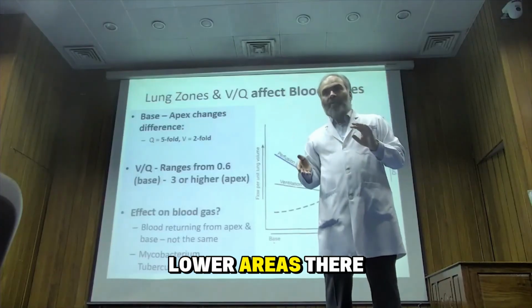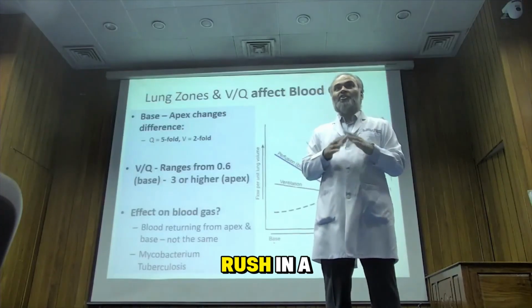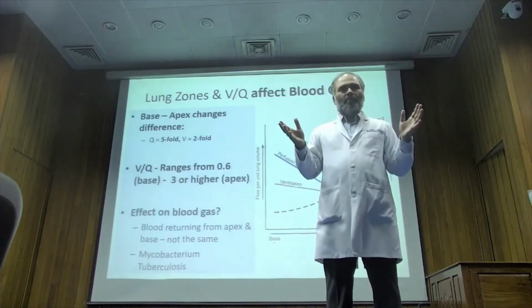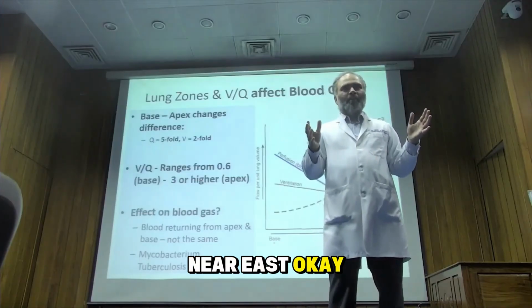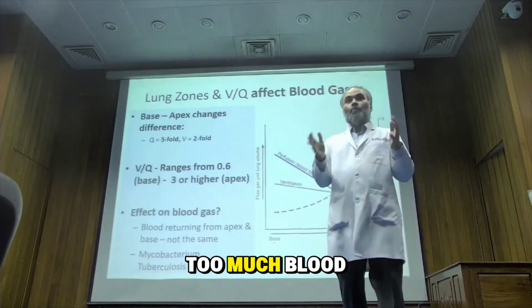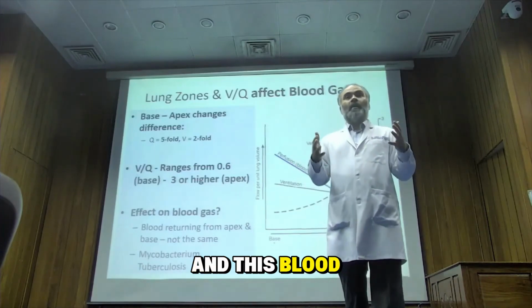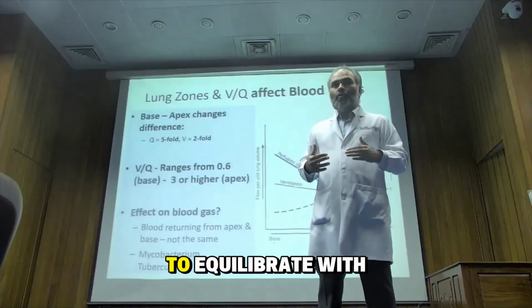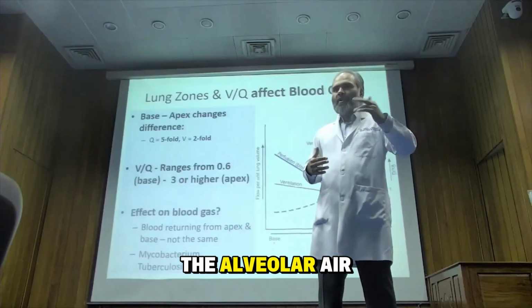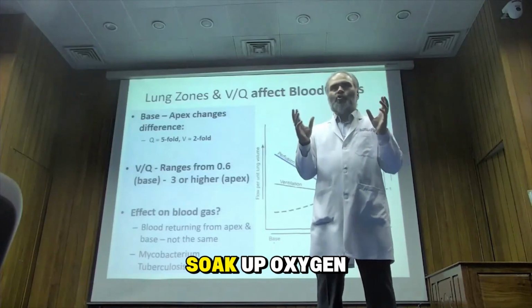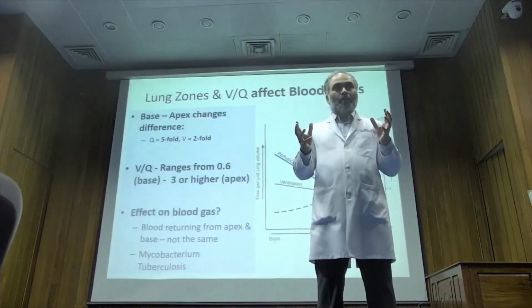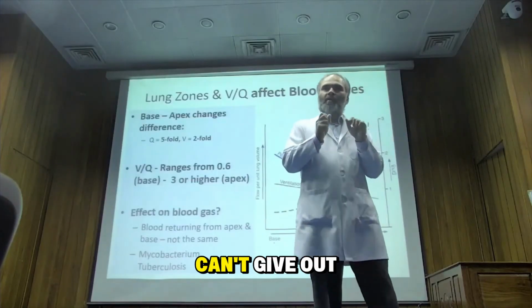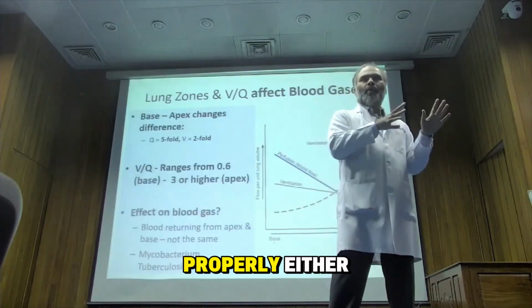While in the lower areas, there is a rush like in a mall near Eid. Too many people, too much blood, and not all of this blood has time to equilibrate with the alveolar air. So it cannot soak up oxygen properly, and hence it can't give out its carbon dioxide properly either.